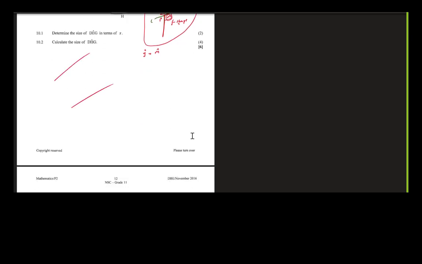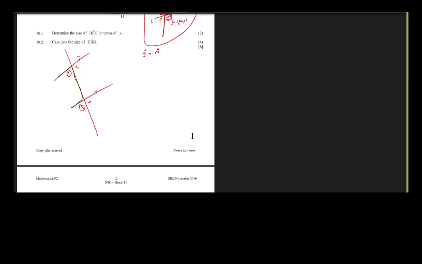Let me say we have two lines here, they are parallel. 1, 2, 3, 4. We are saying angle 1 and angle 3 are corresponding angles. Let's check: angle 1 is between which two lines? It is between this line and this line. Angle 3 is between which two lines?